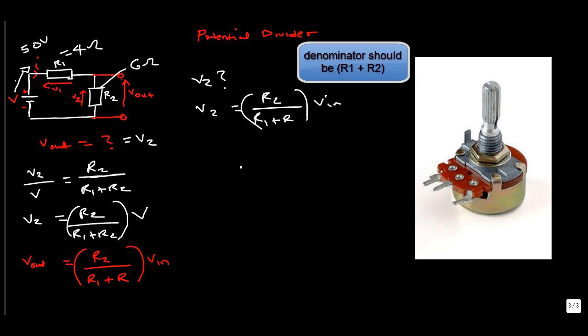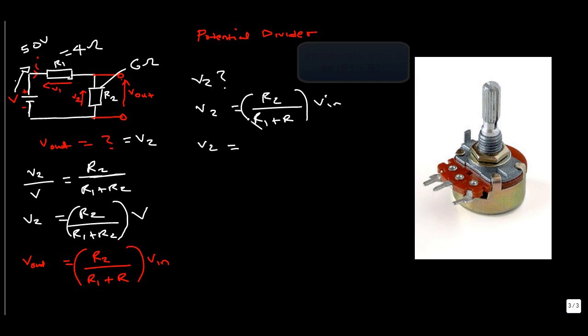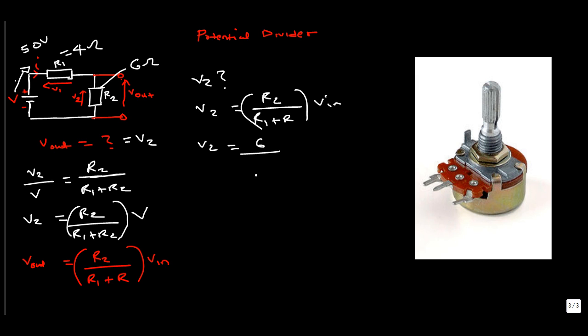So we have V2 is equal to 6 over 6 plus 4, times your input voltage, which is 50. Obviously this gives us 6 over 10 times 50, and that should be around 30 volts.